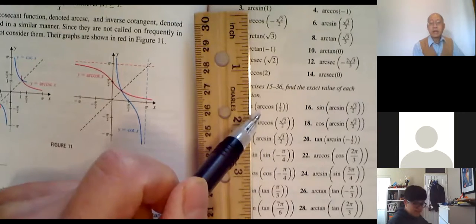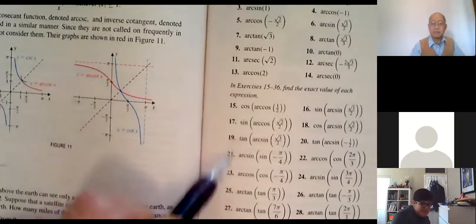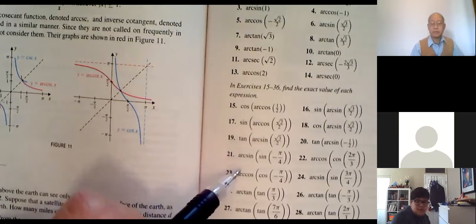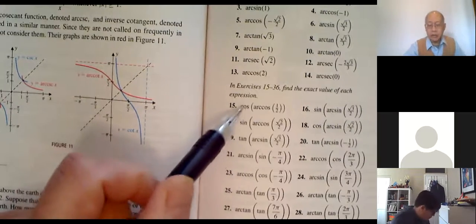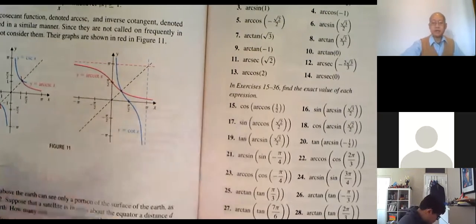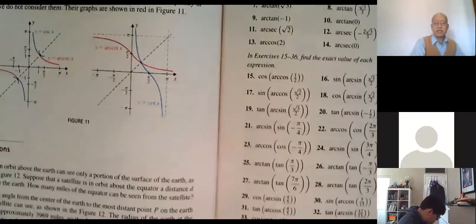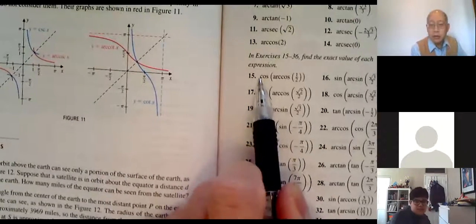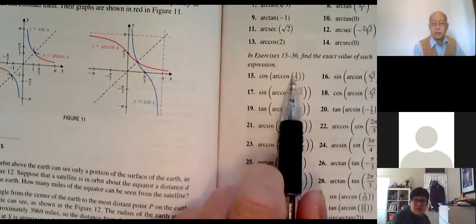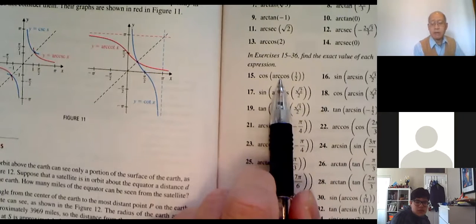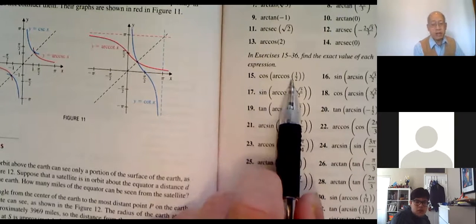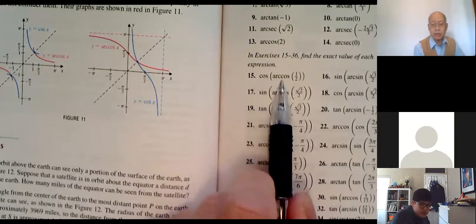Okay, and then once I have that, I do the other function that they say. Right, so by order of operations, I'm supposed to do what's inside first. Okay, I'll just mention quickly something like 15, cos of arc cos. They automatically cancel each other out, right? So the answer to 15 is automatically a half, cosine arc cosine.